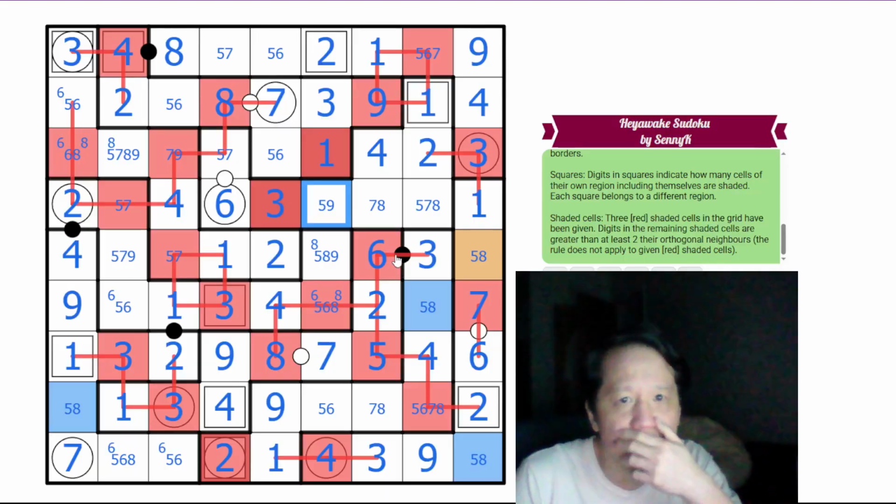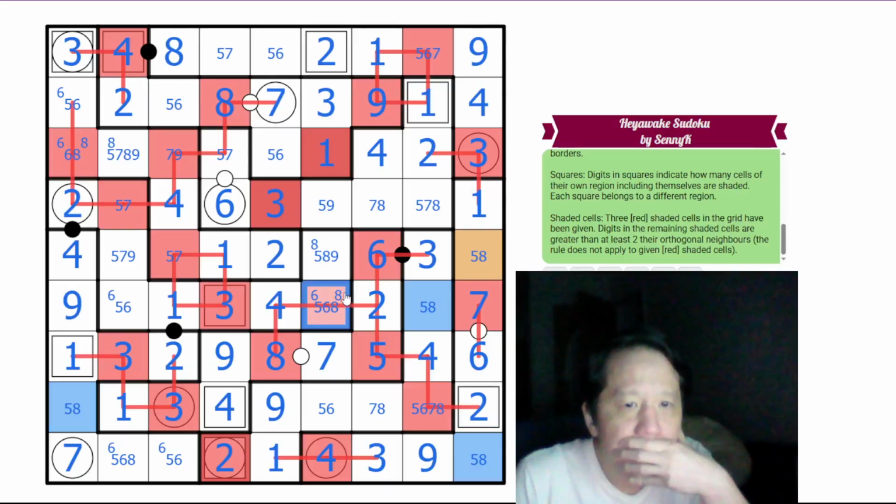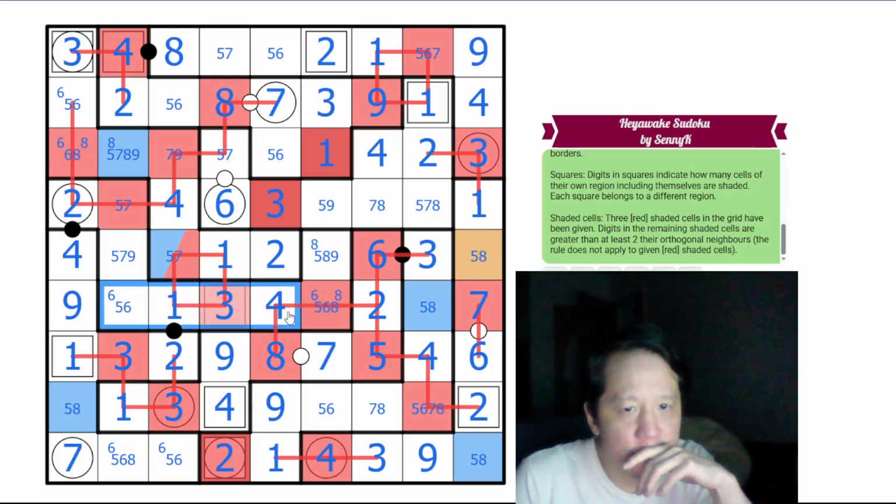That's pretty broad. Blue is either here or here. Which means this can't be blue, this can't be blue, so blue is either here or here.